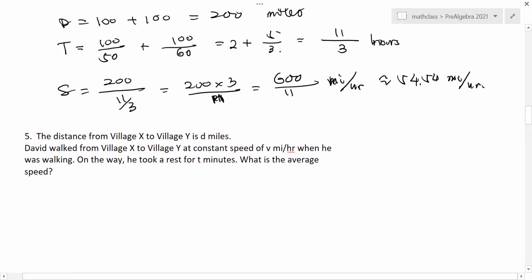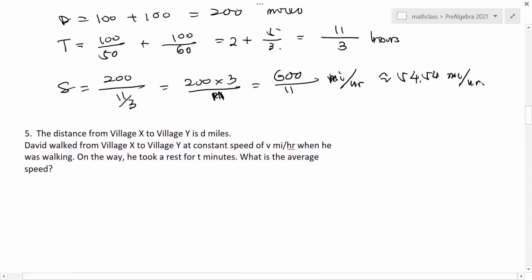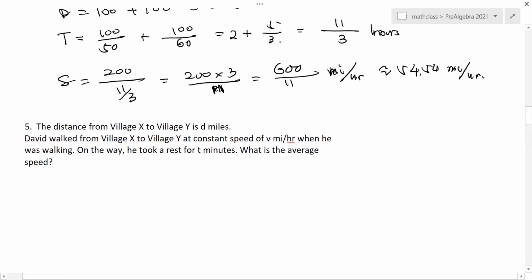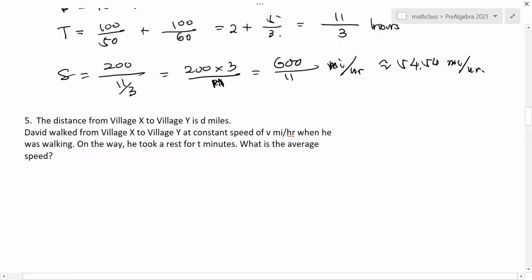So let's see. We try to set up a formula in general. The distance from village X to village Y is d miles.